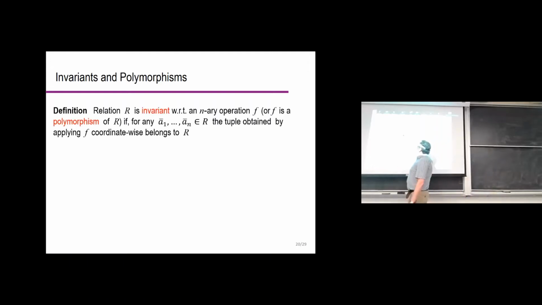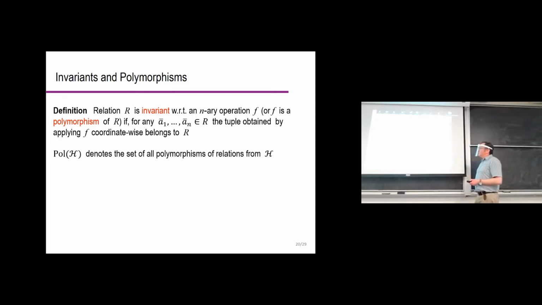I will say that a relation R is invariant with respect to some operation, an n-ary operation, meaning it maps H to the power of n to H, so it takes n arguments and outputs one, if whenever I take several tuples from R and apply my operation component-wise, I get again a tuple from R. I will give a couple of examples, and hopefully it will be clear how it works.